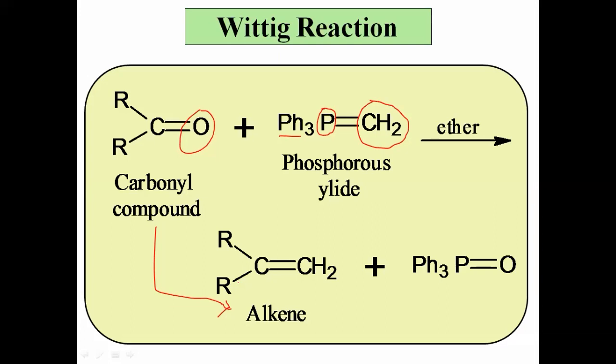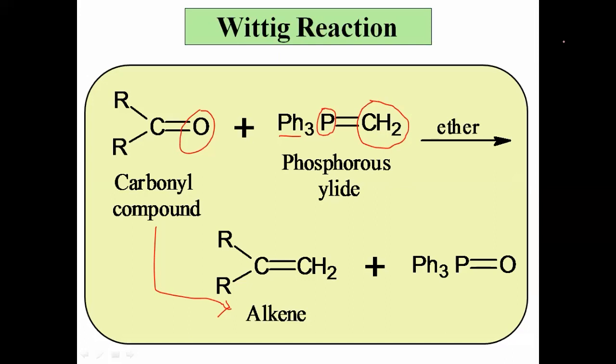In this reaction, oxygen from the carbonyl compound is replaced by the CH2 group, and we get the corresponding substituted alkene. And this reaction is the Wittig reaction.